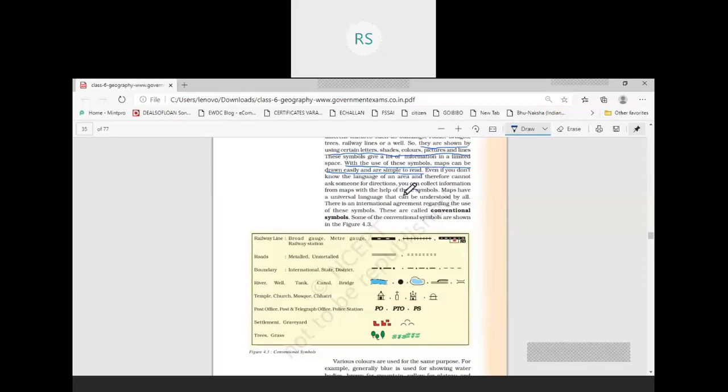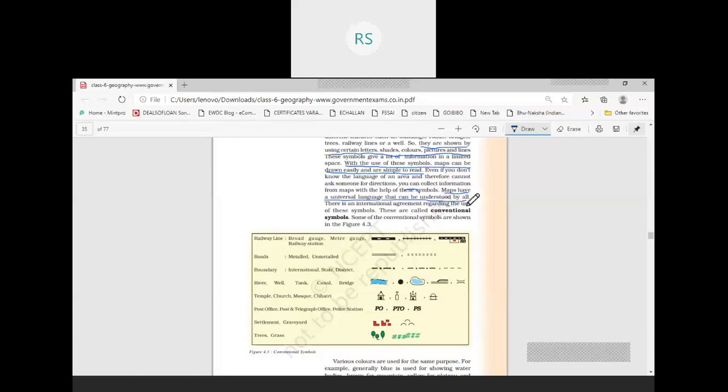Maps have a universal language. What do you mean by universal language? A language which can be understood by everyone. No one will feel difficulty in understanding the language of the map. So maps have a universal language that can be understood by all.